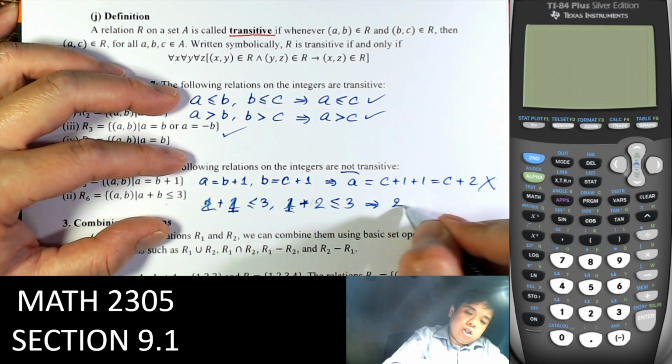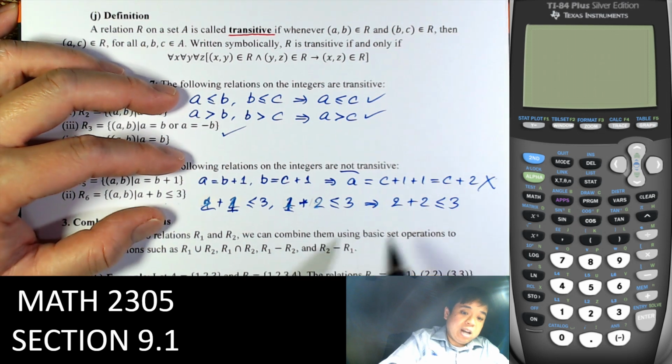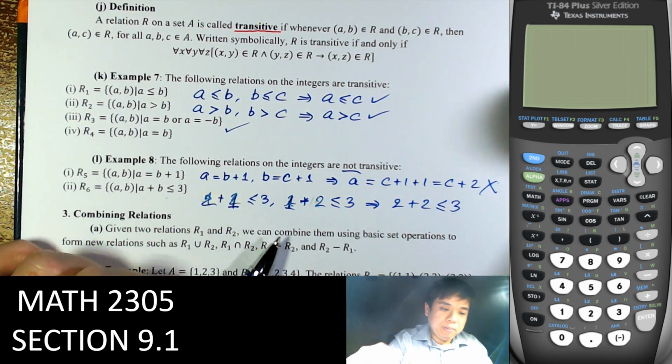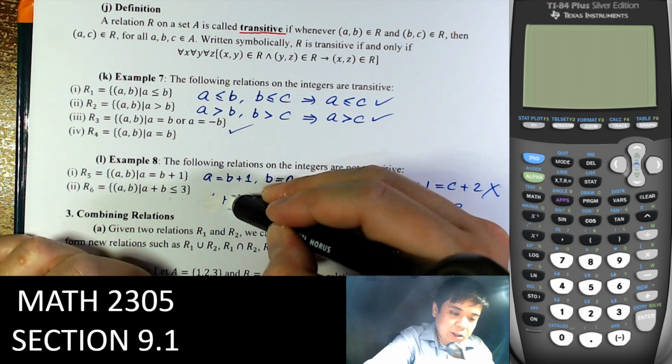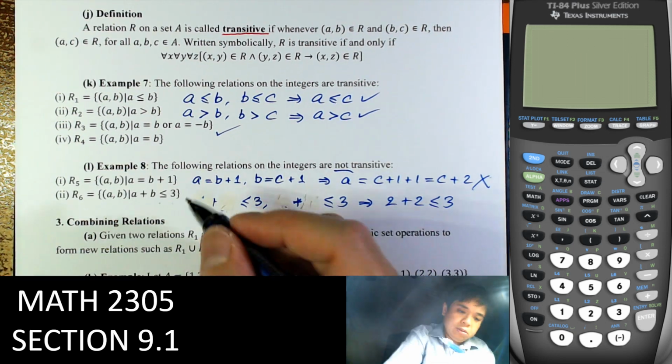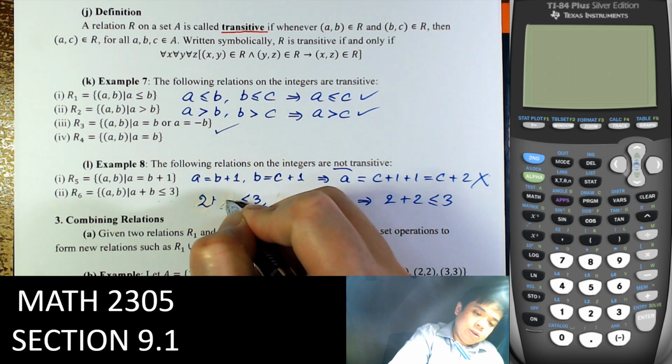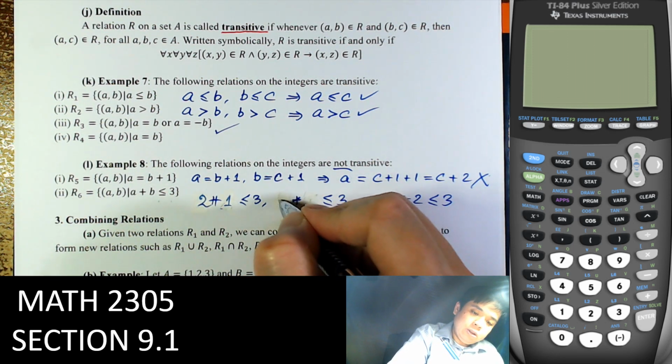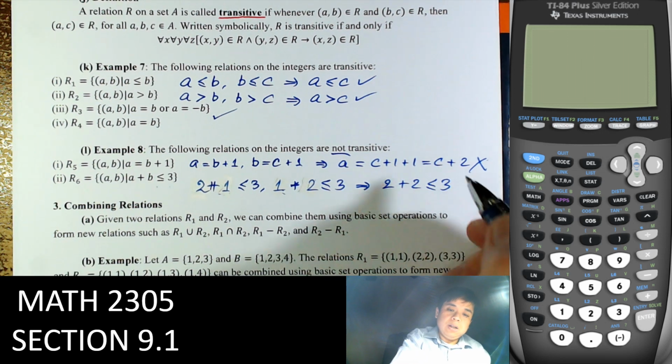Does that imply 2 plus 2 less than or equal to 3? That's what the transitive property would be, right? So that's false.